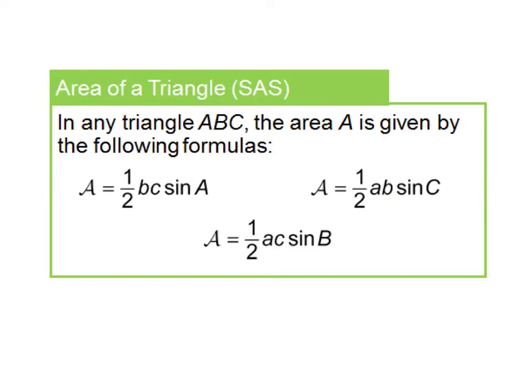You do need to remember these formulas. Please note that in each case you have 2 side lengths and the angle between them. 2 side lengths, the angle between them, 2 side lengths, the angle between them. There will be times when you are given other information, but in order to use this formula, you absolutely must have side angle side.